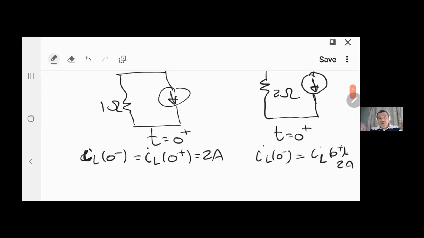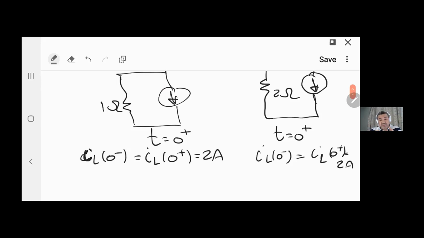So the total energy dissipated in those 2 resistors will be the same. But what's going to be different is the rate of the dissipation, the power. The power is going to be different.